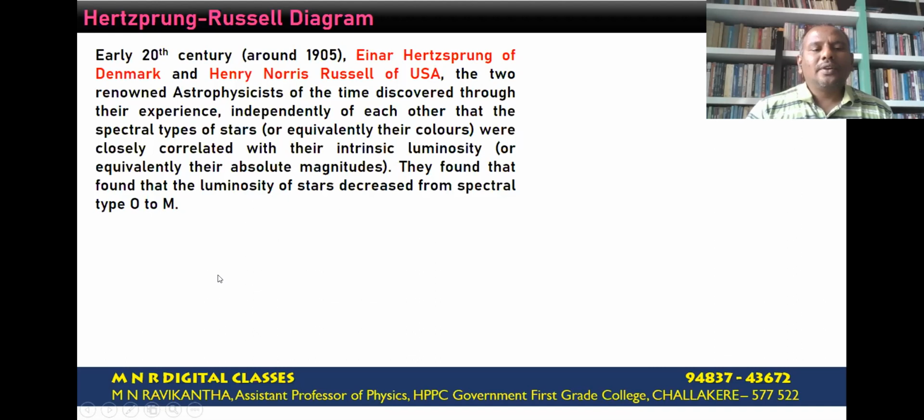In the early 20th century, around 1905, Ejnar Hertzsprung of Denmark and Henry Norris Russell of the USA, two renowned astrophysicists at that time, discovered through their experience and independently of each other that the spectral types of the stars, or equivalently the colors, were closely correlated with their intrinsic luminosity, or equivalently their absolute magnitudes.